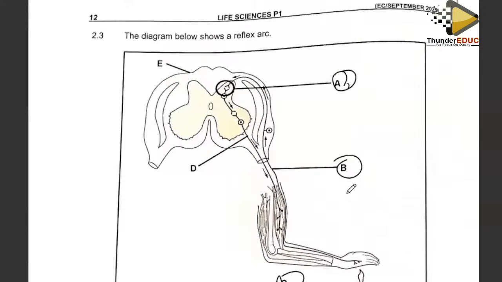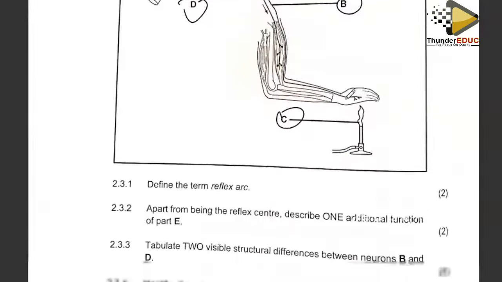Then D looks to be the motor neuron. Yes, looks to be the motor, you can even see here. And then E looks to be the spinal cord.